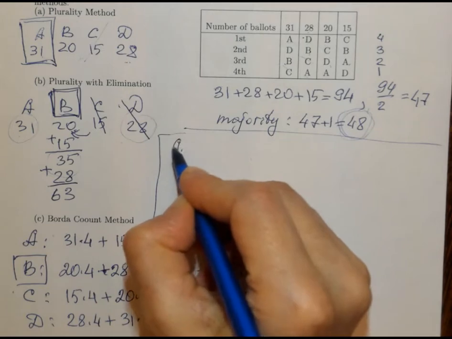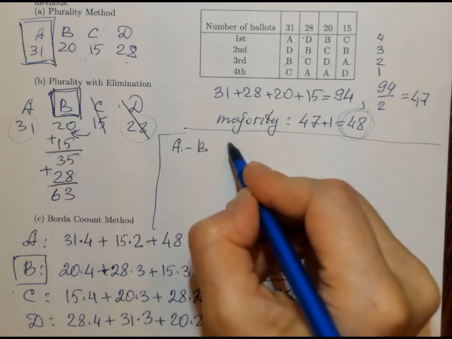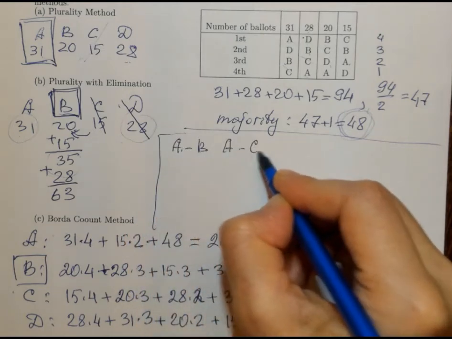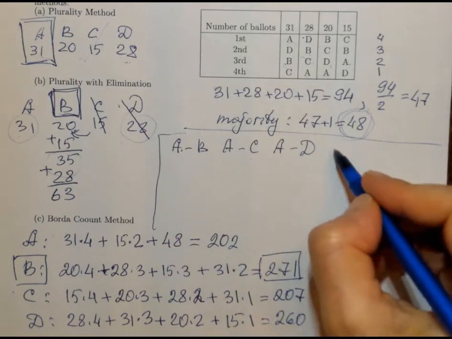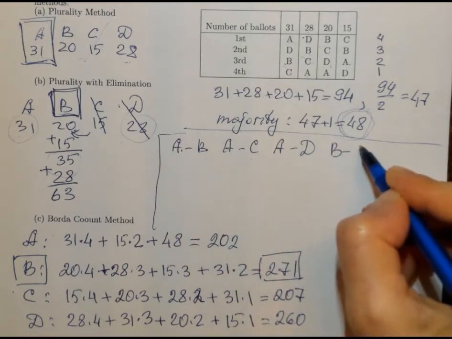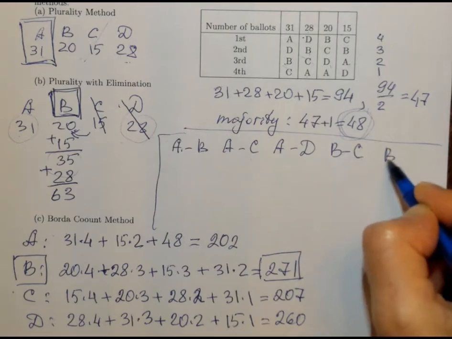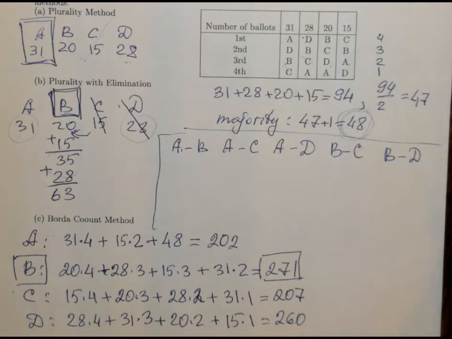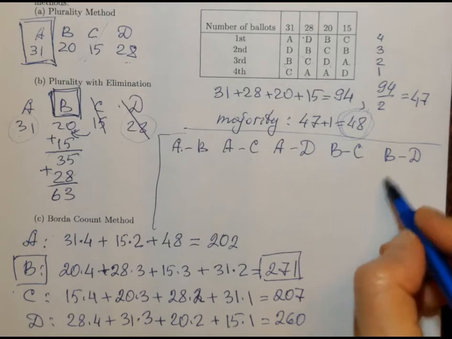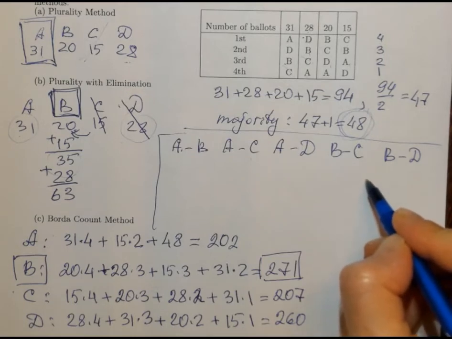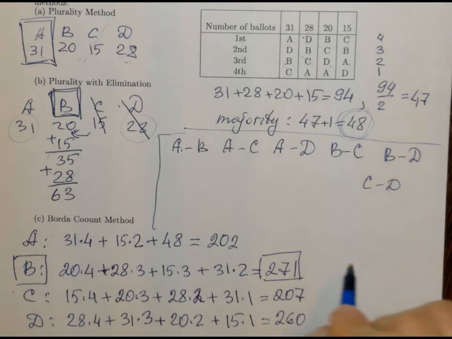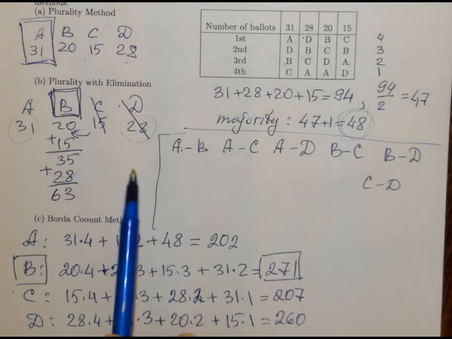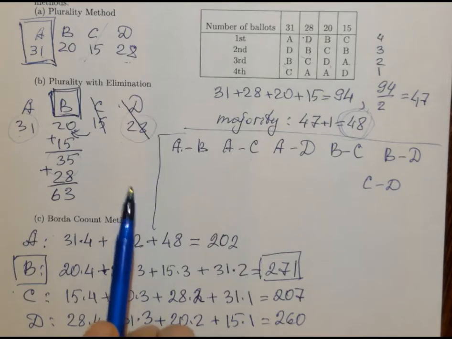We compare A and B, A and C, A and D, B and C, B and D, and the last pair will be C and D. So 6 possible pairs.